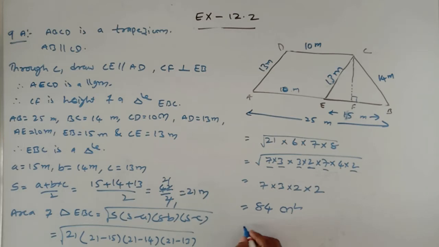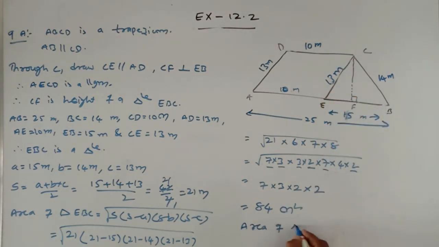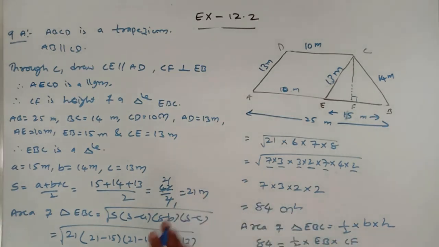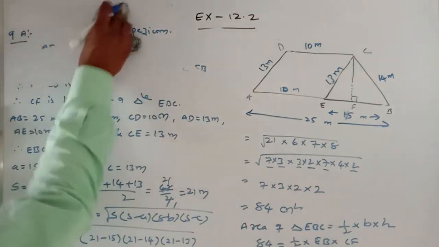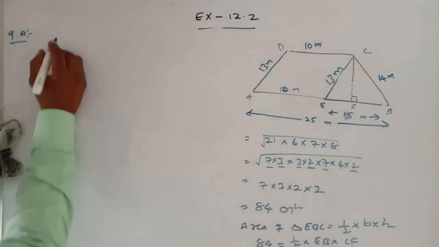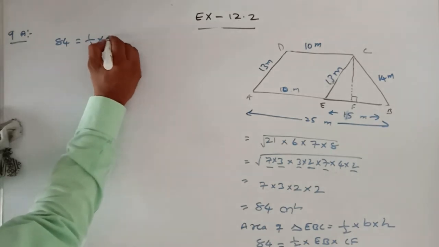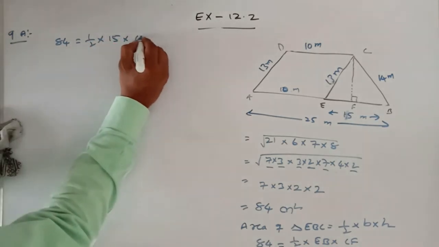Now here height, this is going to be the height. Area of triangle EBC is equal to half into base into height. Area of triangle EBC is equal to 84 is equal to half into base EB into height CF. So 84 is equal to 1 by 2 into 15 into CF.